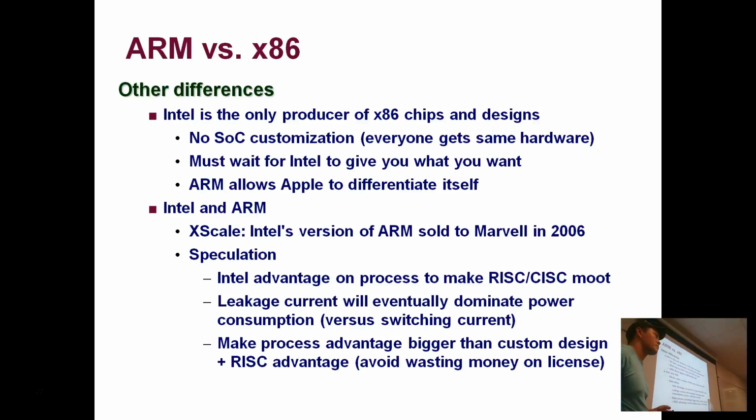Weren't they not first to market though with x86? Because I thought AMD was first to market for x86. 64-bit, yes. Yeah, and then Intel adopted it. Some people speculated that Intel did have a 64-bit x86 design they were working on. Intel was pushing this Itanium architecture, trying to get people completely off of x86.